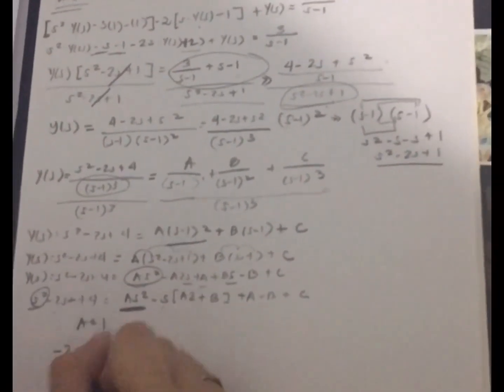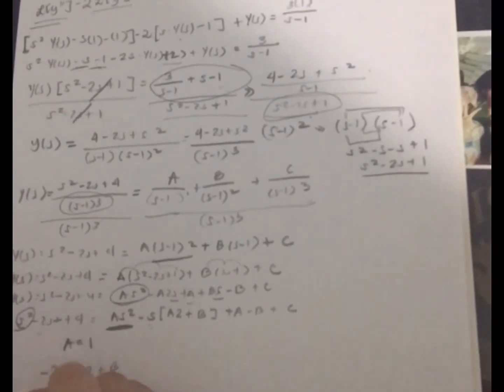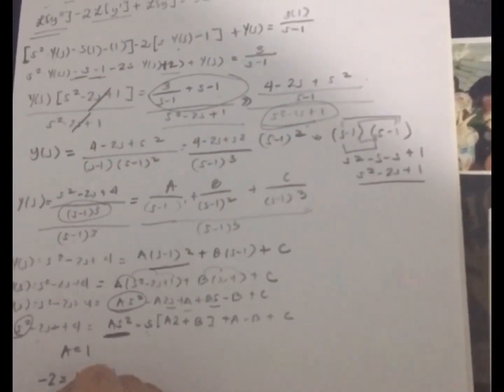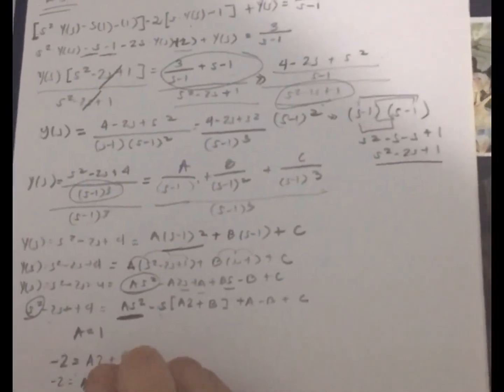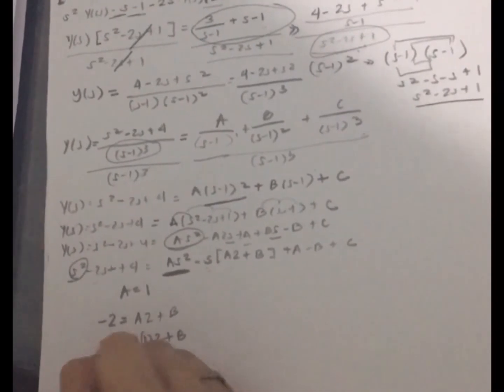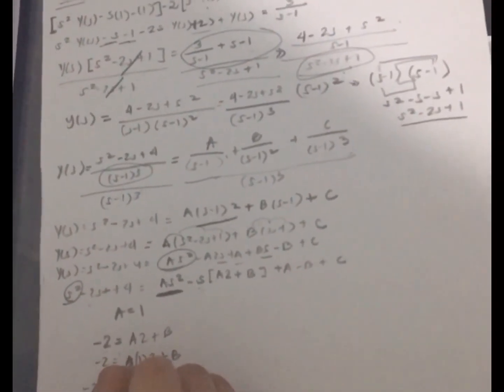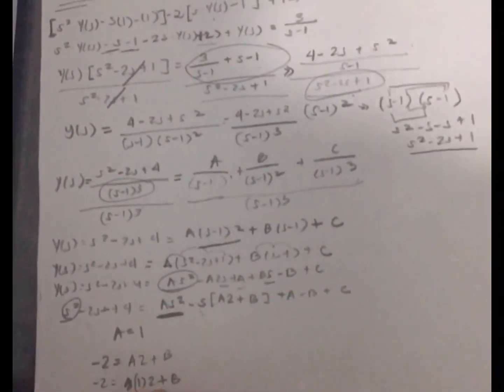Negative 2 is equal to A2 plus B. Our A is 1, so 1 times 2 plus B. And transposing this one, negative 2 times 1 is negative 2 is equal to B.